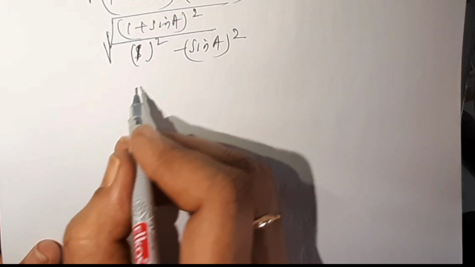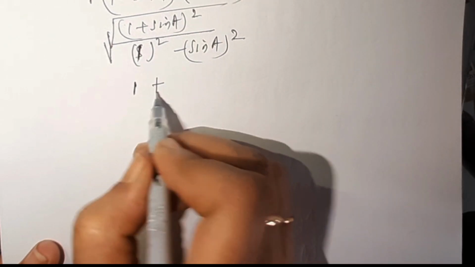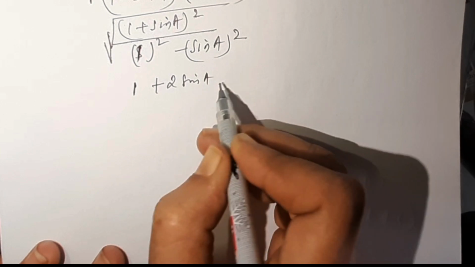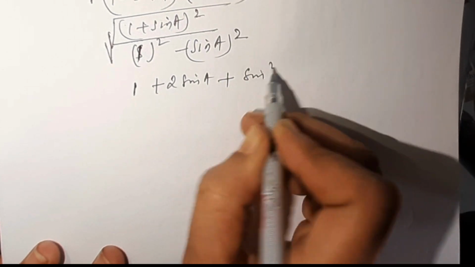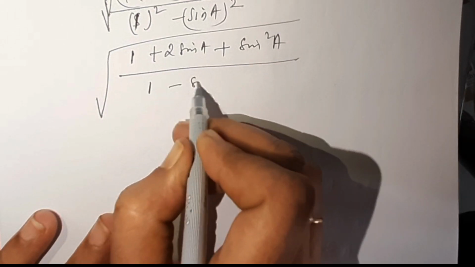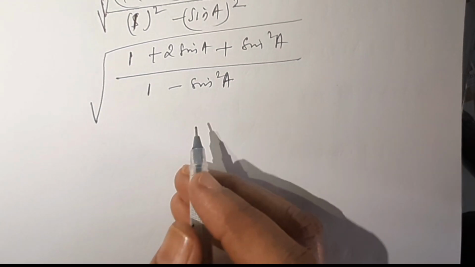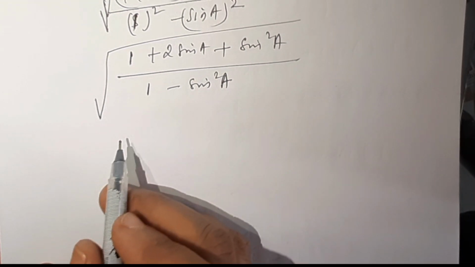Now write down the identities. 1 plus 2 sin A plus sin square A upon 1 minus sin square A. 1 minus sin square A is cos square A.